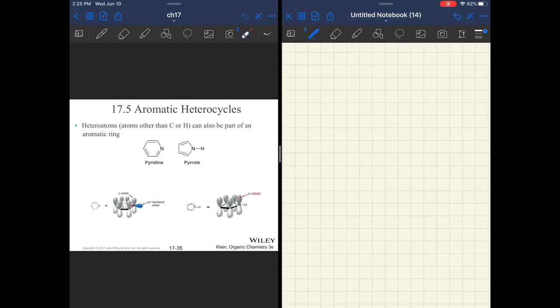You also have resonance, of course, with these. Now, what you want to keep in mind before we move on to nitrogen, for carbon, if there are 3 bonds and a plus charge, or 3 bonds and a lone pair and a minus charge, both can be planar.